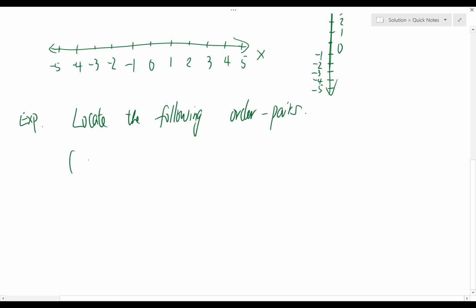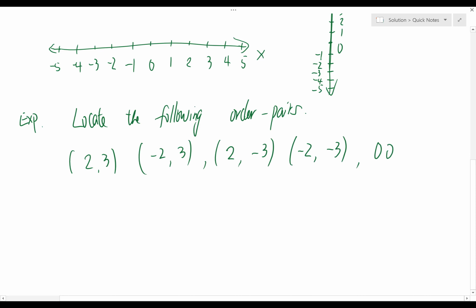So let's say we have 2, 3, and then -2, 3, 2, -3, -2, -3, 0, 0, and maybe 2, 0, and 0, 3.